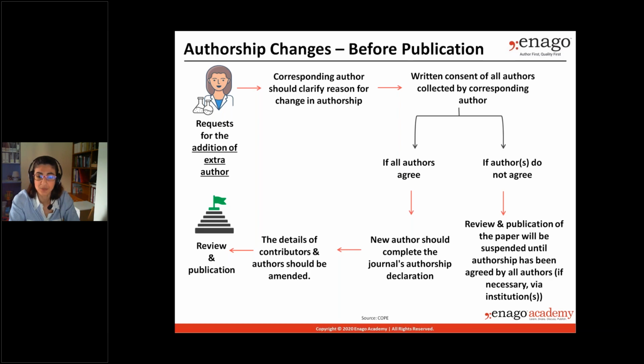The situation needs to be reviewed. The issue needs to be discussed further, and if there's no way to reconcile the different authors and reach an agreement, then the paper will be suspended until the authorship issues have been agreed between the authors and, if necessary, between the institutions. So this can be a very complex and time-consuming process that may considerably delay the publication of a manuscript.